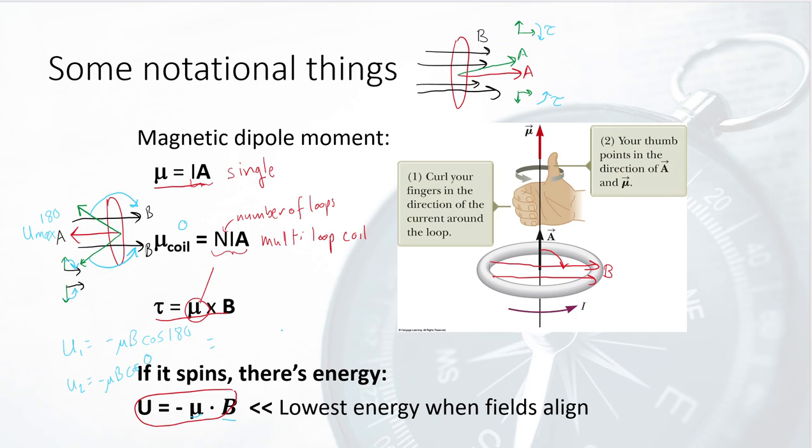So that would be equal to, in the one case, mu times B, and then in the other case, negative mu times B. So to go from 180 to 0, we have a change in U equal to negative 2 mu times B, where mu is equal to NIA, times the magnetic field, which then is equal to the negative change in kinetic energy, which for a loop would be equal to 1/2 I omega squared. So that is the connection between all of these things.